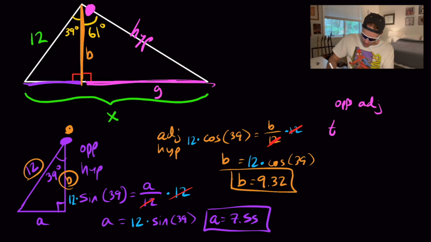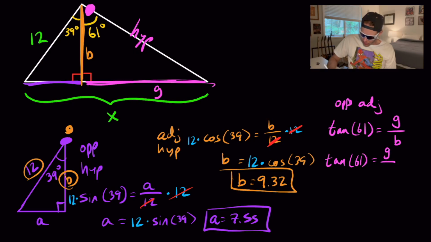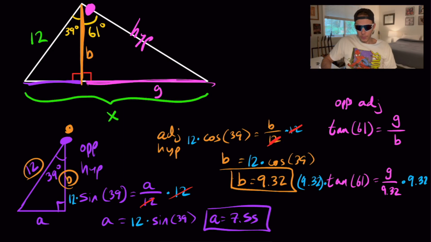So we'll have tangent of 61 degrees is equal to opposite, which is going to be G over B. Well, we know what B is. We just solved for it. So I'm going to say tangent of 61 is equal to G over 9.32. And we just want to solve for G. So I'm going to multiply both sides by 9.32, just like that.